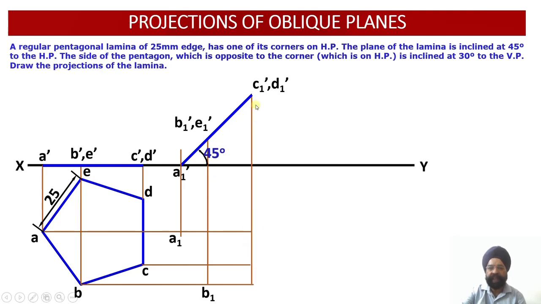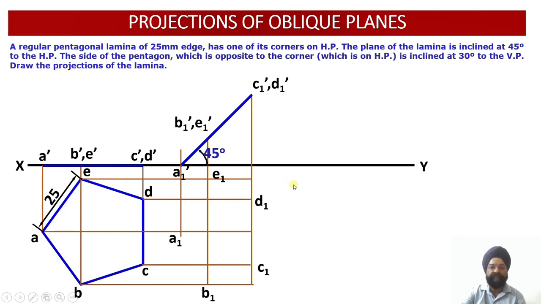Similarly, the vertical projectors through C1 dash and D1 dash, wherever they intersect with the horizontal projector of C, we get C1, and wherever the vertical projector intersects with the horizontal projector of D, we get the location of the point D1. And similarly, point E1 is also located.